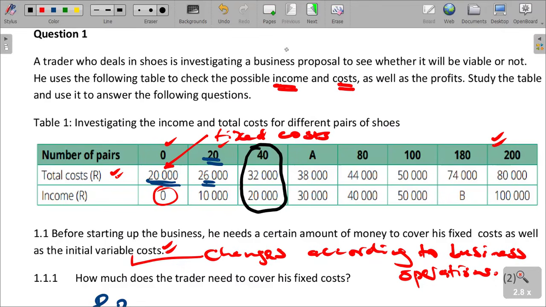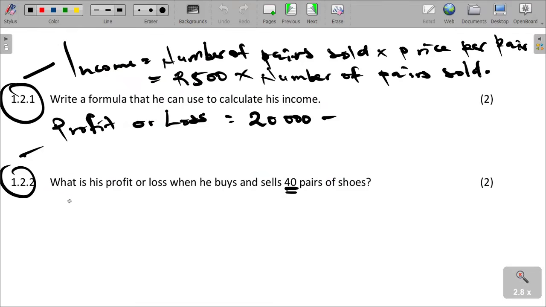At 40 pairs, just to make it clear for all of us: profit or loss is equal to total income minus total cost.